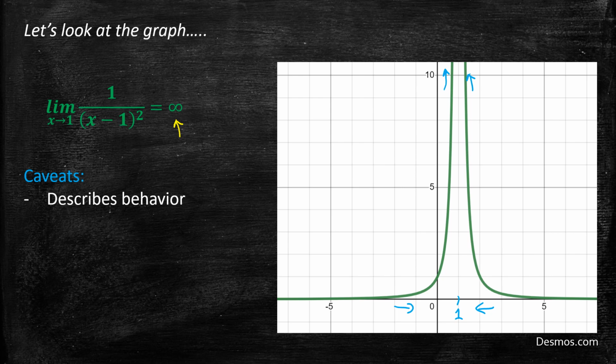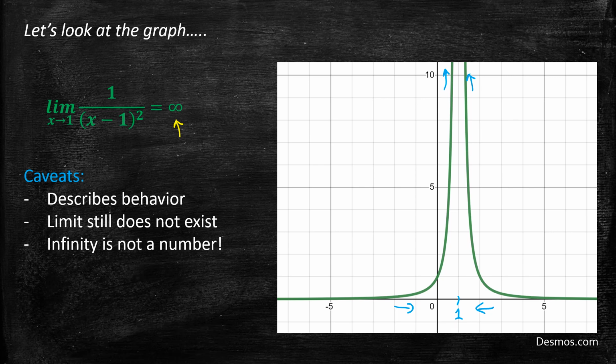Remember, we're just describing behavior, so this is useful in describing the behavior of the graph at a particular value. The limit still does not exist technically, so if you wrote DNE, you wouldn't be wrong for the answer. And that's because infinity is not a number. So we sort of use it as a number, but it's not really a number. Interesting stuff.